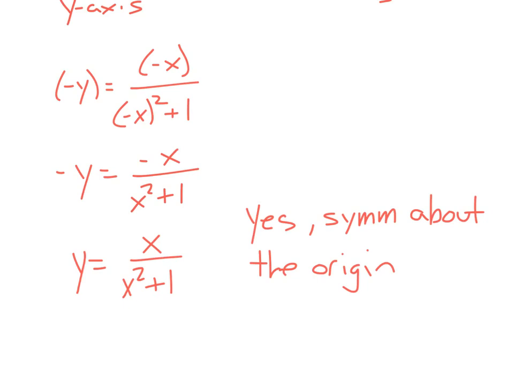Then -10 for y-min, 10 for y-max, and the y scale is 1. So that's when it usually starts out. When they say standard, that's what that is. And then if you look at 61, what they're asking you to do is graph it and look at it in the standard window, and then go to the window and change it to the settings that they're giving right there.